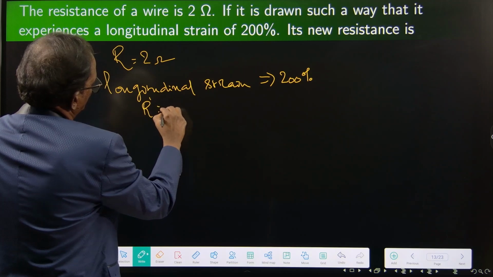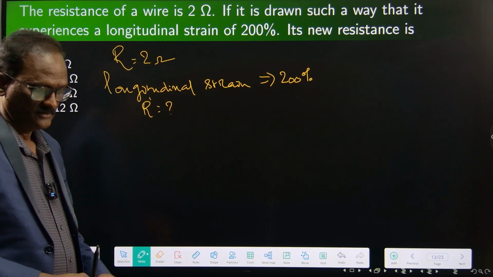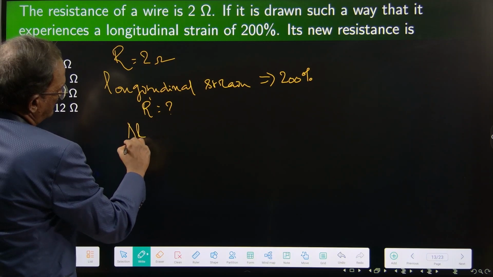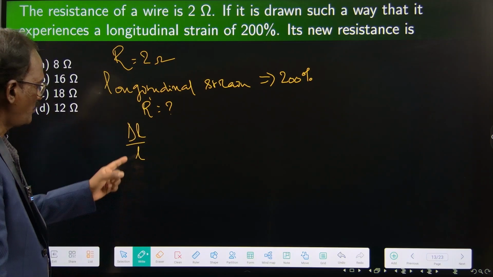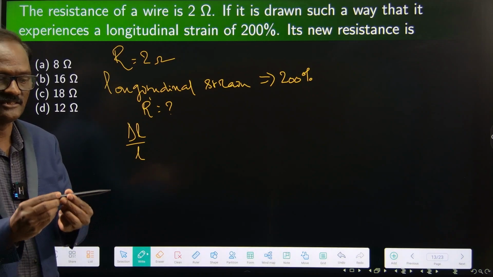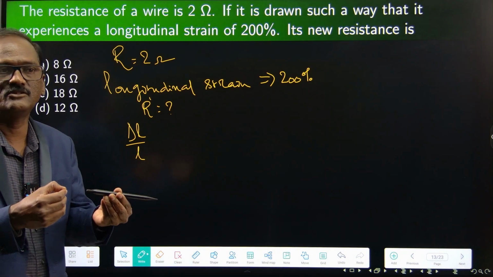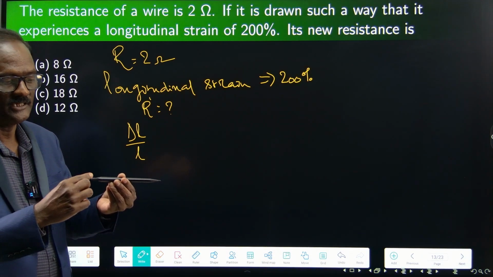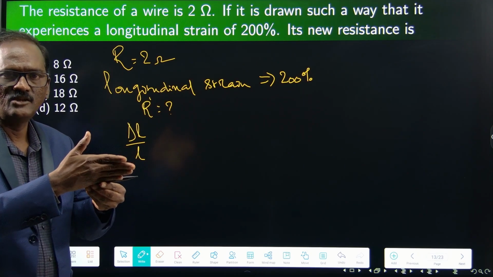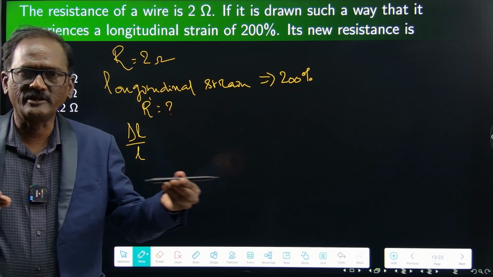Longitudinal strain formula is delta L by L. Delta L is only the change, how much you are stretching. If it is 10 centimeter and I stretch it to 11 centimeter, the delta L is 1 centimeter, right? This is 200%. So if it is 1 meter, then another 2 meters are coming.